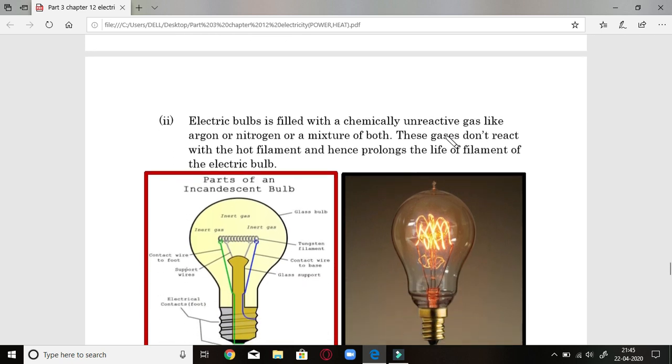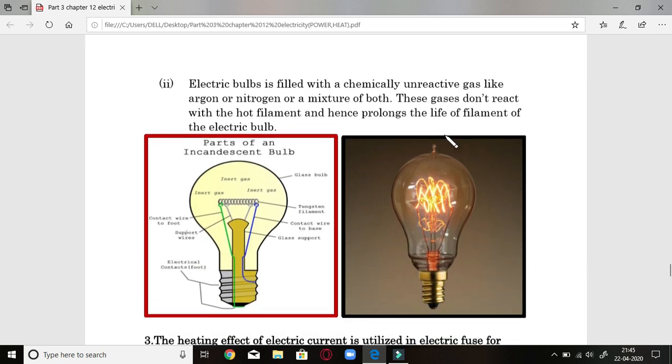Second is that the electric bulb is filled with chemically unreactive gases like argon and nitrogen, or a mixture of both. These gases do not react with the hot filament and hence prolong the life of the filament of the electric bulb. So there are two uses of the inert gas filled here, that is argon and nitrogen.